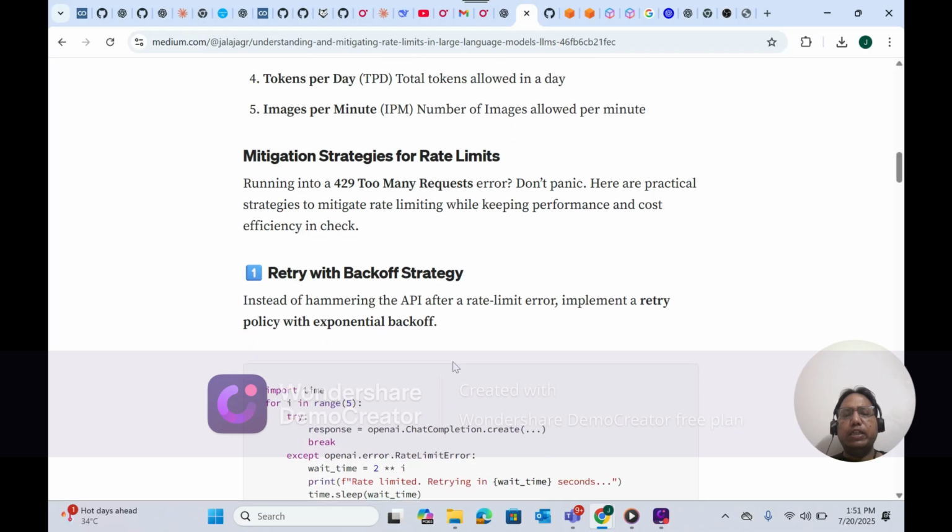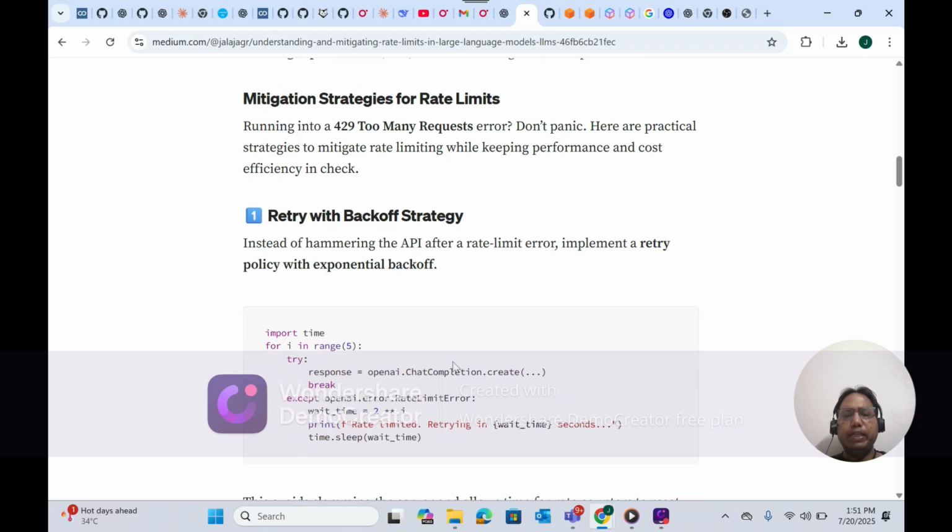First, we can put a backoff strategy in our application. A backoff strategy is simple: whenever that error comes, we try the request again after a certain time. If it fails again, we exponentially increase the time and try the request again.